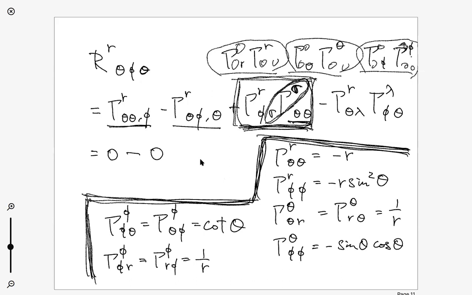Only the r term, exactly, right? So the r theta theta term here is the only non-zero term for this one. Although I just mentioned sigma has three possibilities, sigma equal to theta or sigma equal to phi should vanish, right?